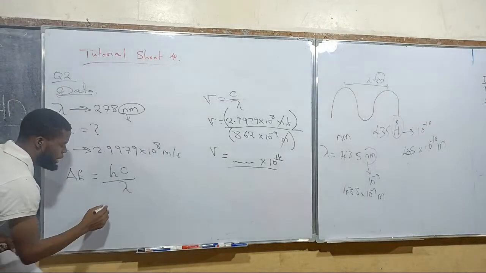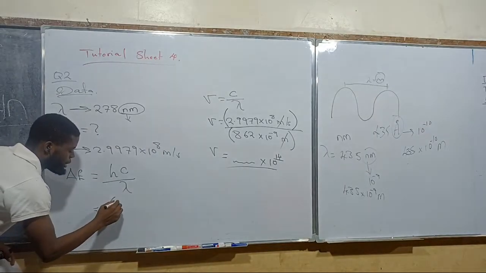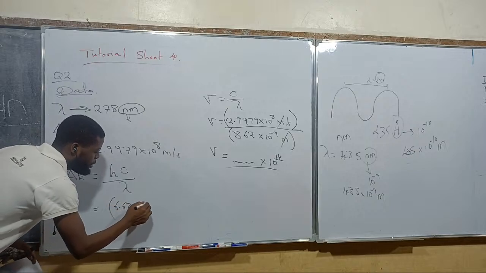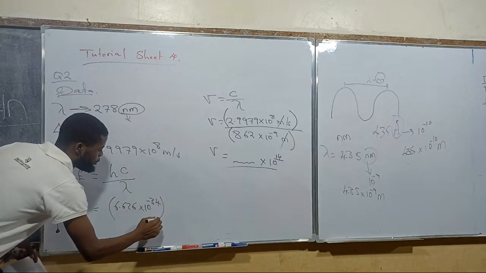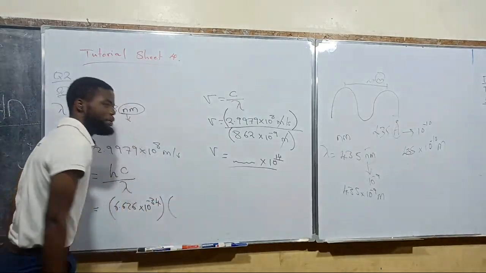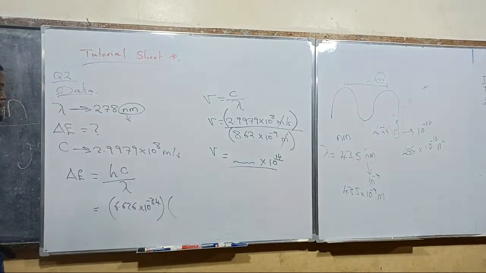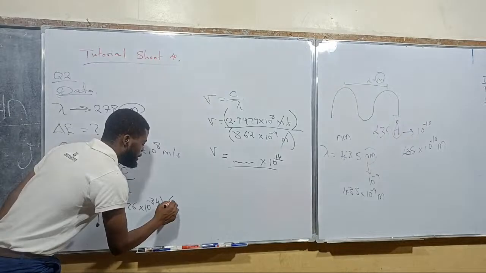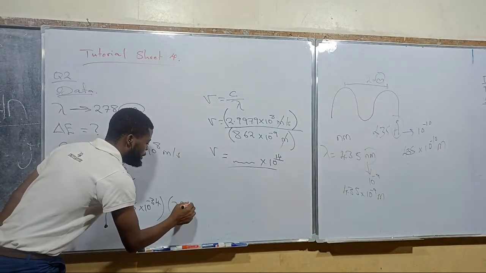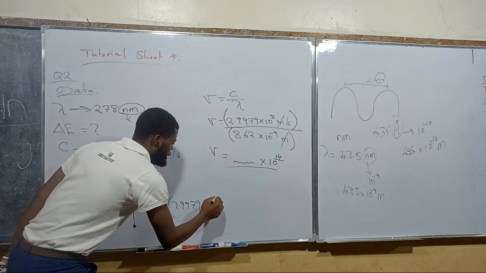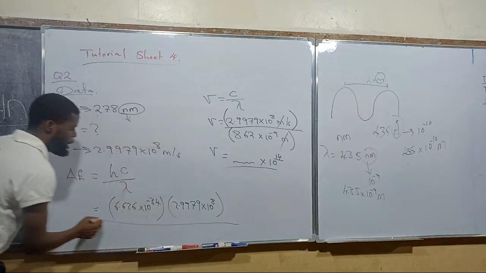So Planck's constant is 6.626 times 10 to the power -34. Close. Again, open on your calculator. The constant speed of light, which is C, 2.9979 multiplied by 10 to the power 8, again close.